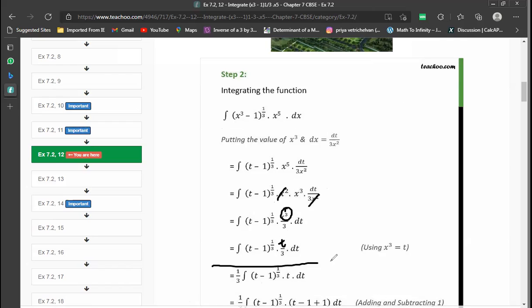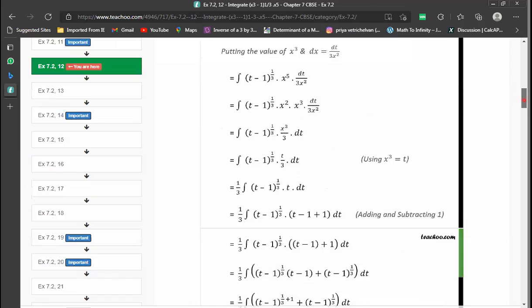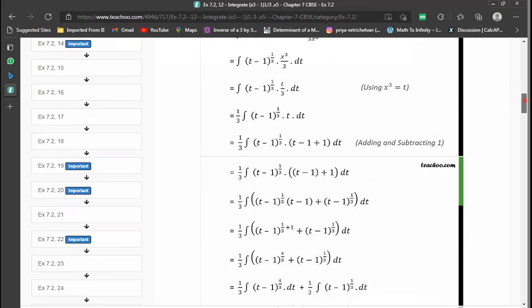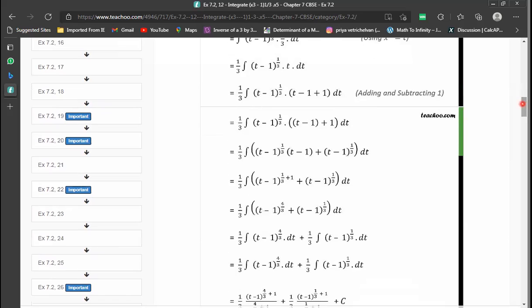So now we have changed our entire question in terms of t. So here we are adding and subtracting 1 in this question.